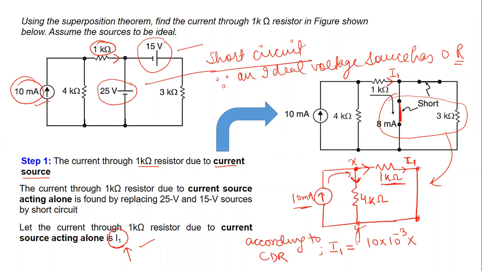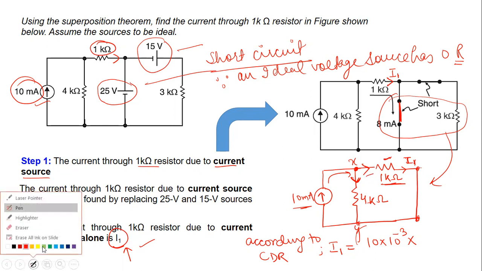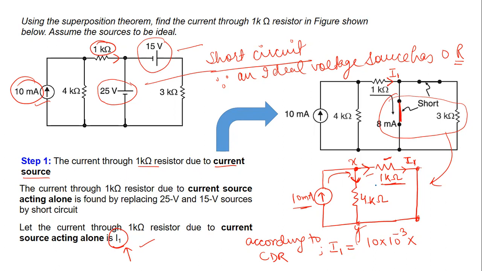the resistance of the branch opposite to this 1 kilo ohm. There are two branches here, this branch and this branch, and these two branches are parallel across the XY terminals.